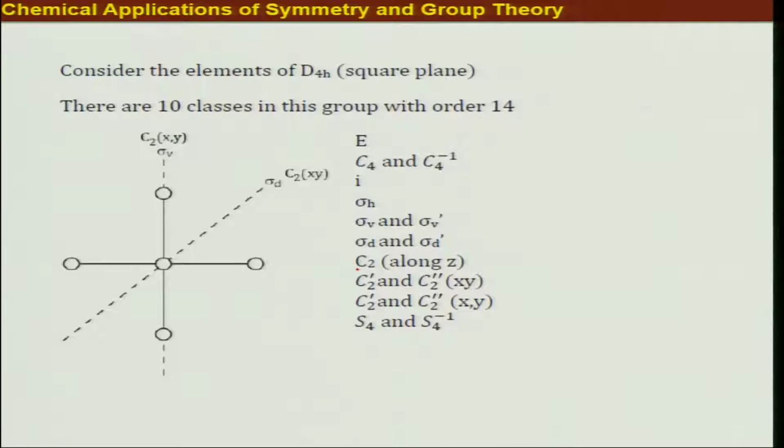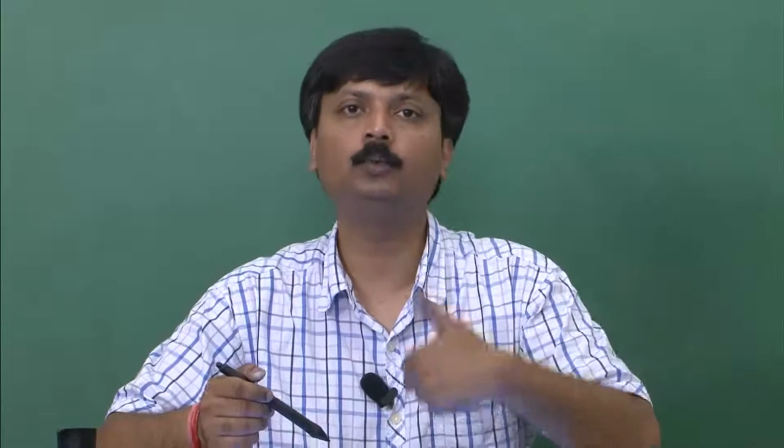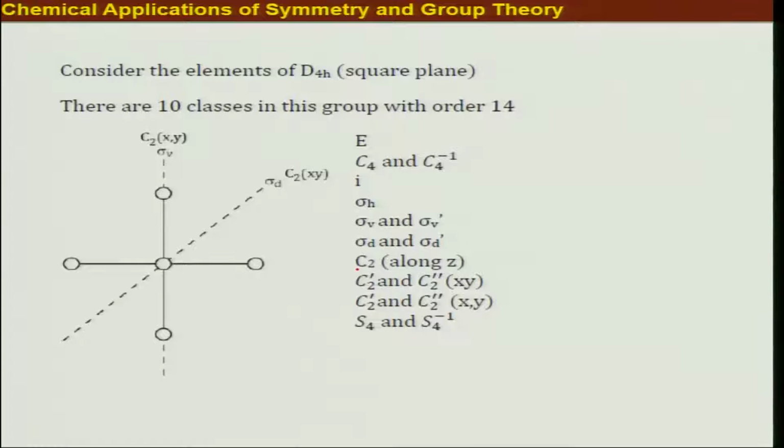Then there is a C2 along the Z axis. In D4H the Z axis is the same axis through which the proper axis of symmetry C4 runs. So C2 forms a class by itself, and the perpendicular C2s form a class by themselves.